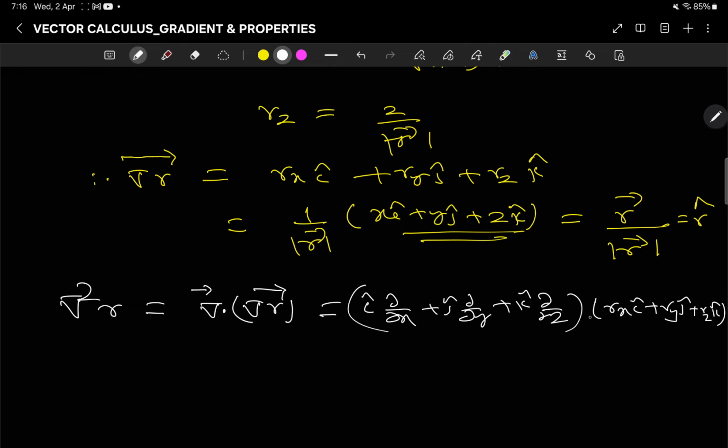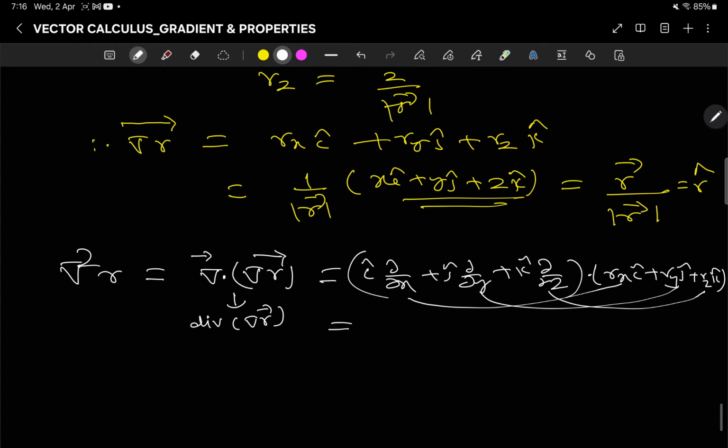Now you see, it is nothing but the dot product, meaning it behaves like the div, right? So we can see it is div of grad r in that way. So this is i dot i, j dot j, k dot k, so it is rxx plus ryy plus rzz.